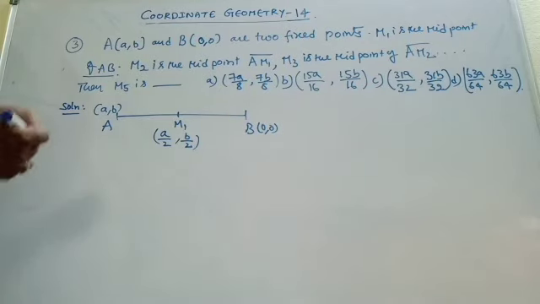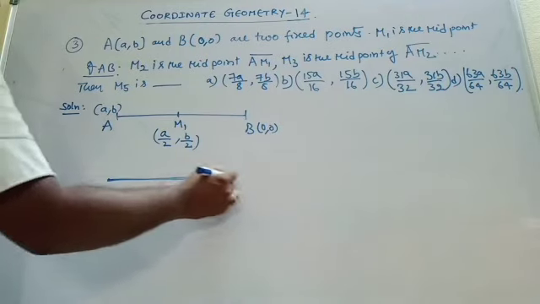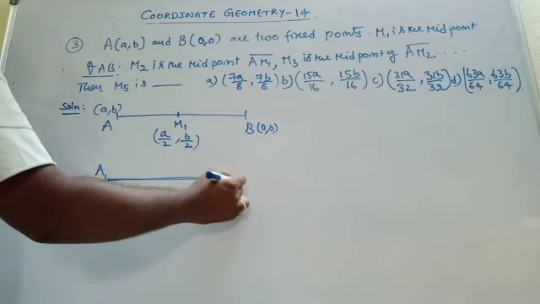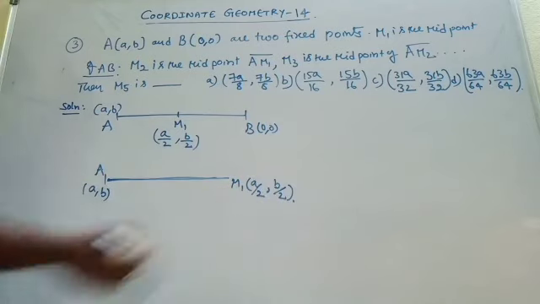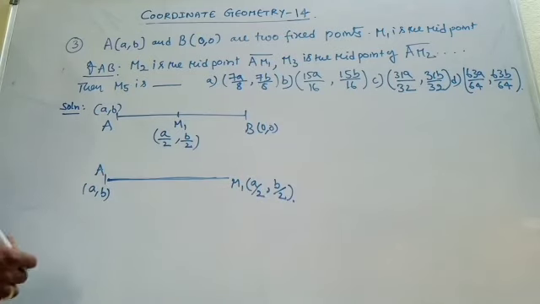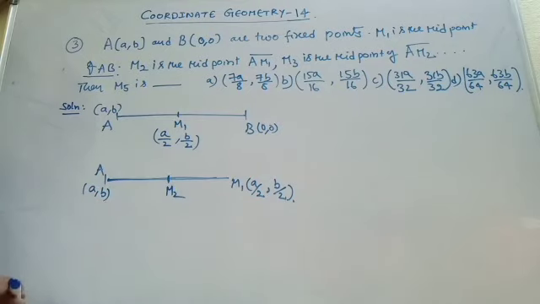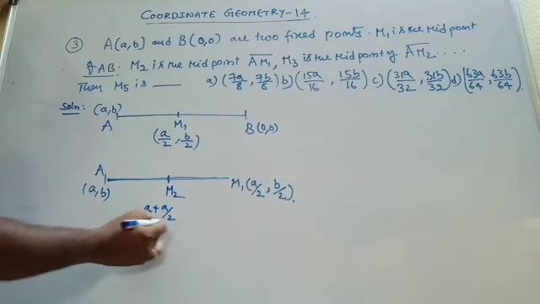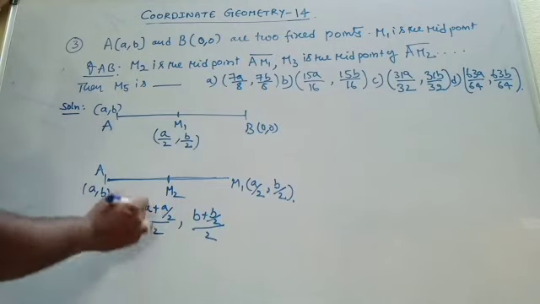Now M2 is the midpoint of AM1. A is (a, b) and M1 is (a by 2, b by 2), the midpoint of A and B. Now M2 is the midpoint of AM1, so you are going to get (a plus a by 2) by 2 comma (b plus b by 2) by 2.